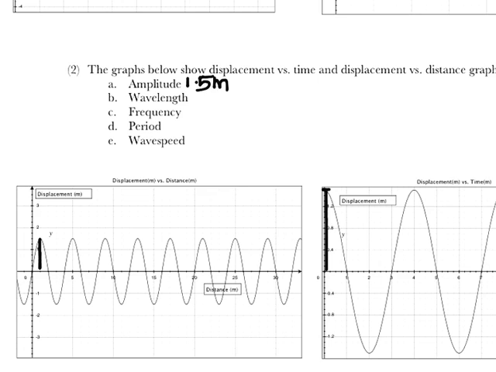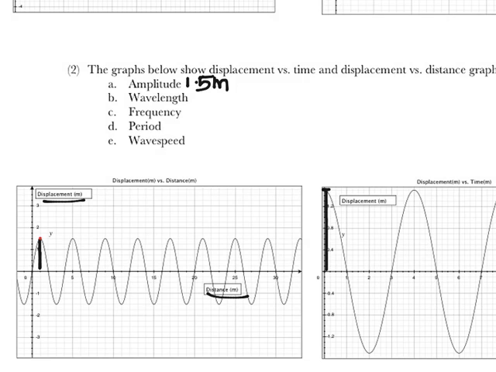The wavelength, remember I need to look for the displacement distance graph, so that's this graph, is the distance between two high points, so from 1 out to 5 gives us 4 meters. So the wavelength is 4 meters.